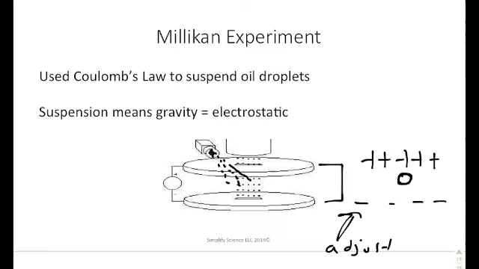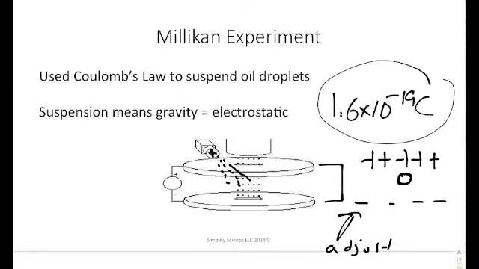Based on how small he could make the oil droplets and the minimum difference he had to make to adjust the plates, he was able to infer that the charge of an electron was 1.6 times 10 to the negative 19th coulombs, which is the value that we now use in this class.